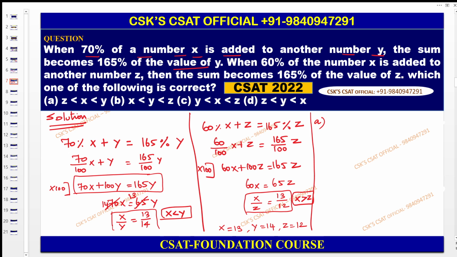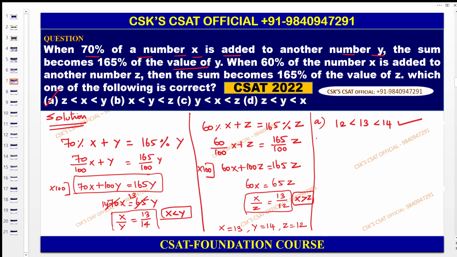What is the first option? z is 12, less than 13. Yes, correct. That 13 is less than y, 14. Yes, this is correct. The first one is correct.